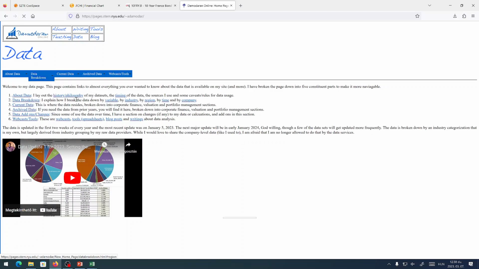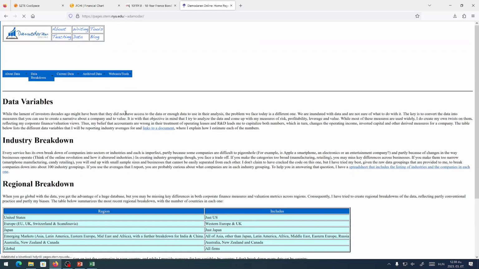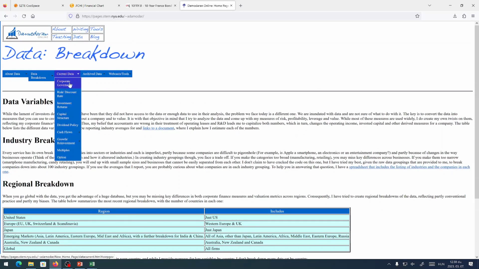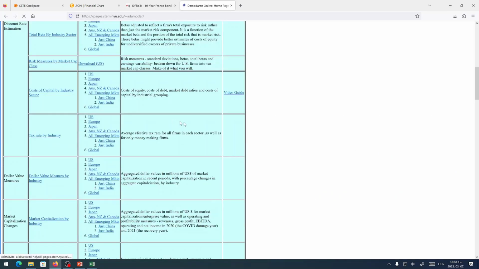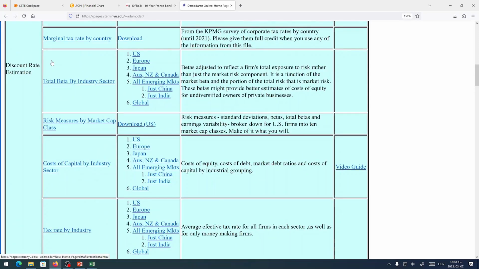Okay, so data, breakdown by region. Sorry, current data. I think this one. Yeah, total beta by industry sector.